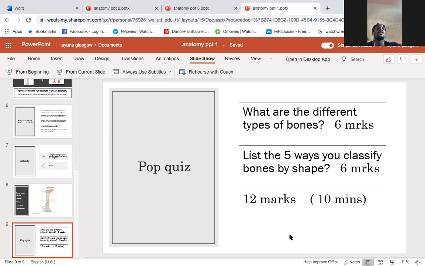So the irregular bones, you can find these in your vertebra, right? Your pelvis is also an irregular bone. They help with some sort of protection. Flat bones, well, their main purpose is protection.